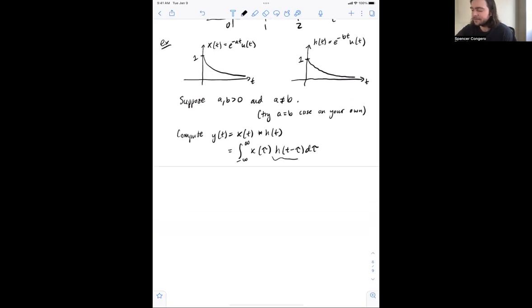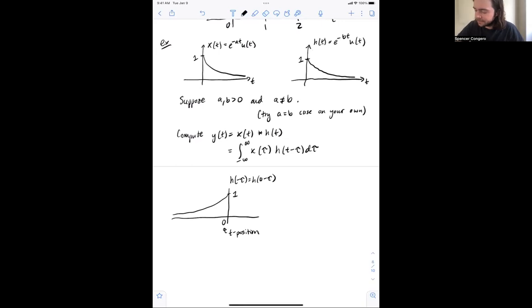How do we do it? Well, we're going to flip and shift. So let's flip first. This is going to be h of negative tau, which is h of 0 minus tau. We flip it across the vertical axis, and we get this. At 0, I like to label this as my t position. So I know this is the flip.